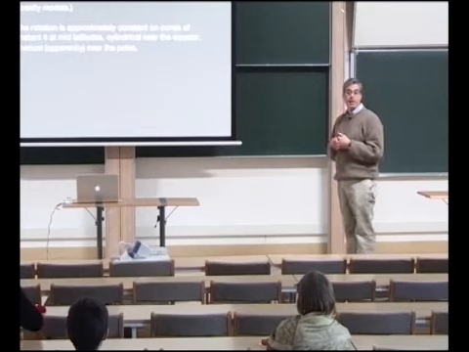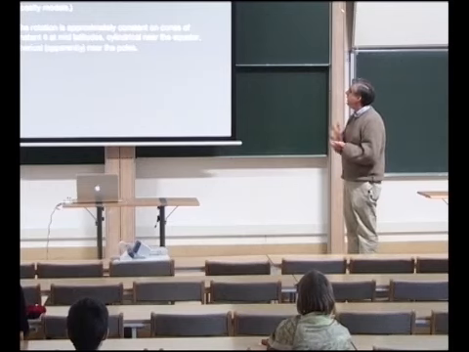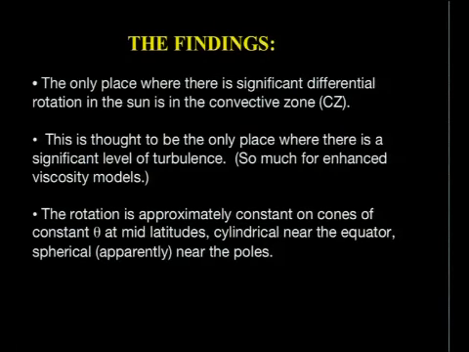And then the outer layers are convectively unstable, and the primary energy transport is by large-scale mechanical convective motions. So that's the place where the sun is grossly turbulent. It's also the place where you see any significant differential rotation. The radiative zone is, as far as we can tell, very nearly in solid body rotation.